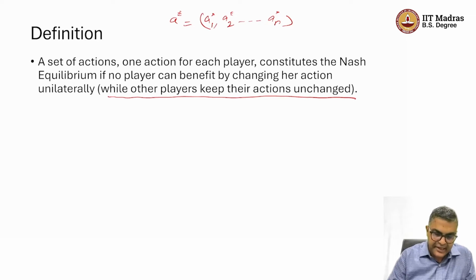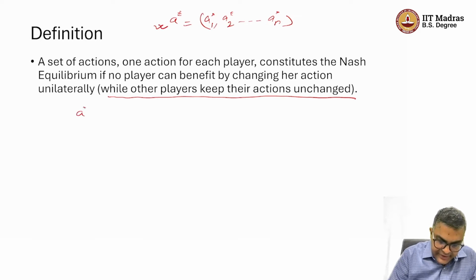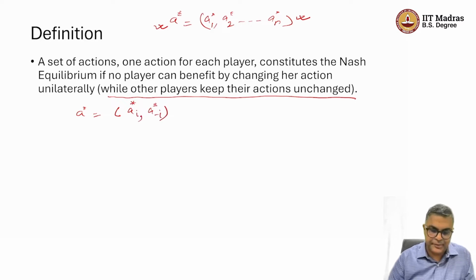Mathematically we can write it in two ways. We can say this A star is a Nash equilibrium. We write A star differently, exactly the same thing, using the deleted action profile: A i star for player i, and A minus i star for all remaining players.